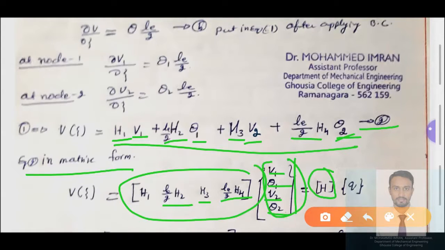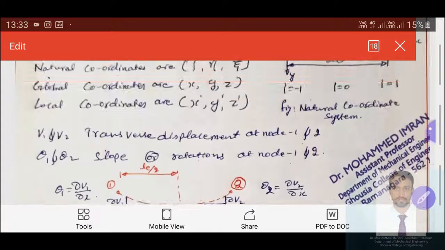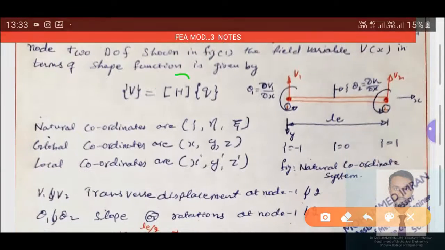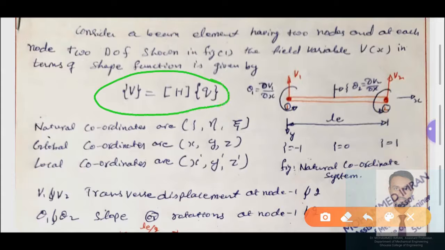This is called q. H is nothing but the Hermite shape function, and q is nothing but the displacement vector. V is the field variable with respect to zeta. As I discussed in the beginning, we need to find this. How this equation came, I have clarified.